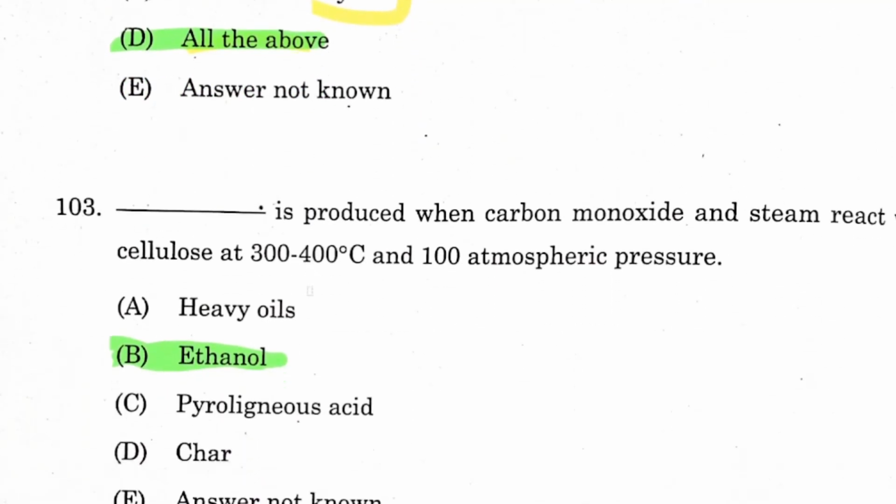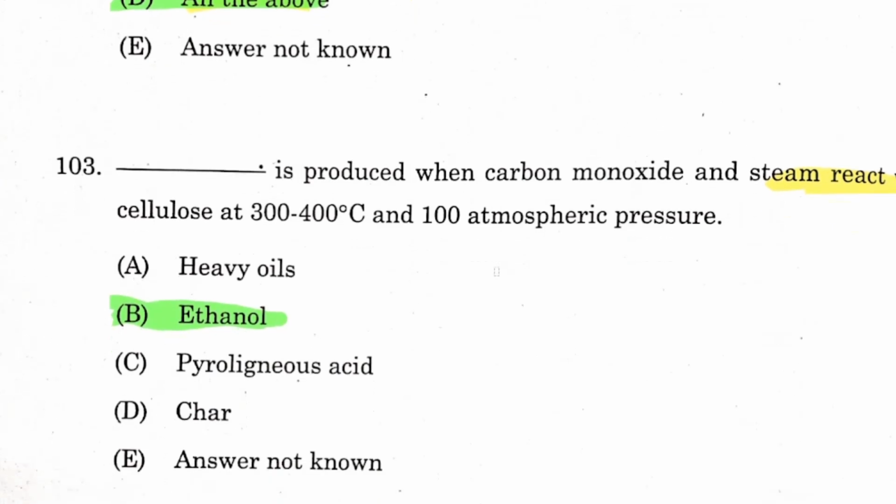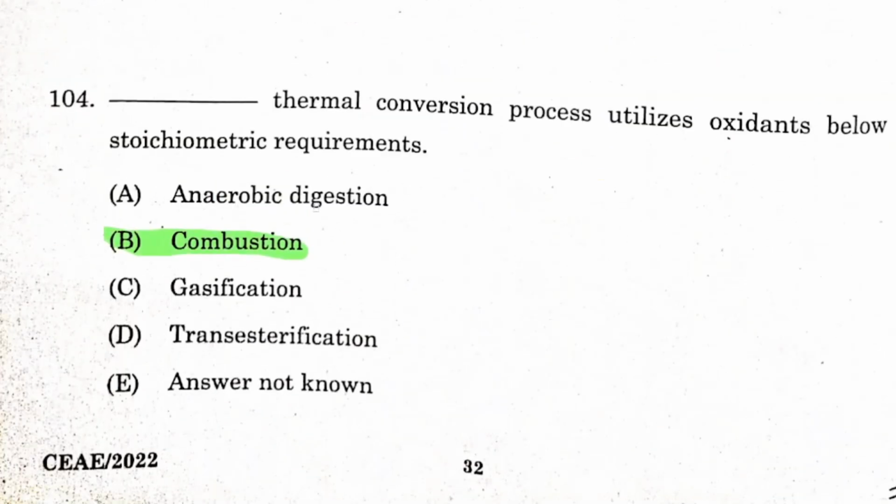Next question number 103. Ethanol is produced when carbon monoxide and steam react with cellulose at 300 to 400 degrees Celsius and 100 atmospheric pressure. Next one is 104.